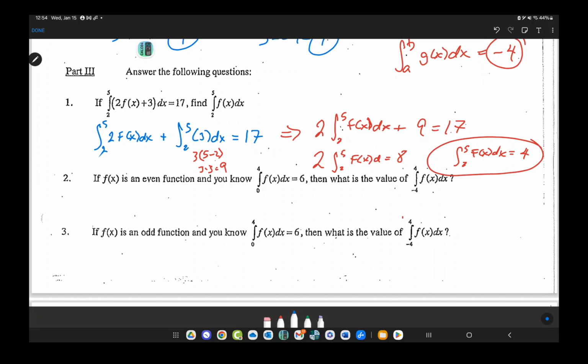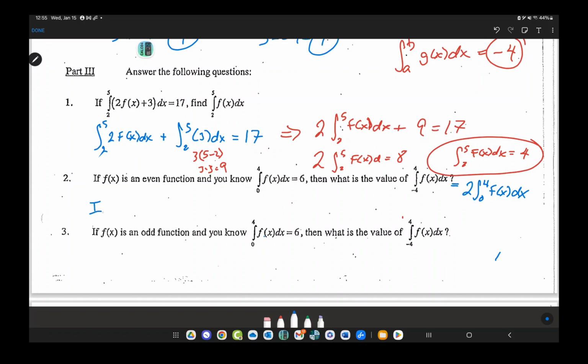Whatever is to the right of the y-axis is the same to the left. So if my area to the right of the y-axis from 0 to 4 is 6, then the area from negative 4 to 0 is also 6. So that means we can write this value as 2 times the integral from 0 to 4. So with every even function, if my bounds are from negative a to a, that's the idea here.